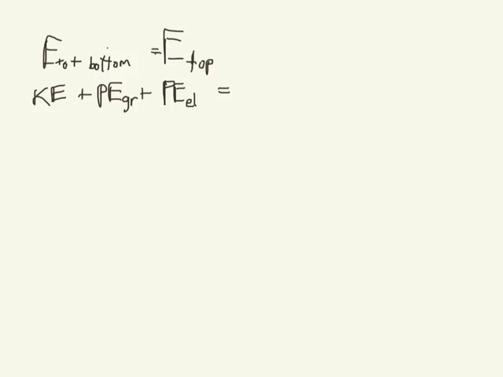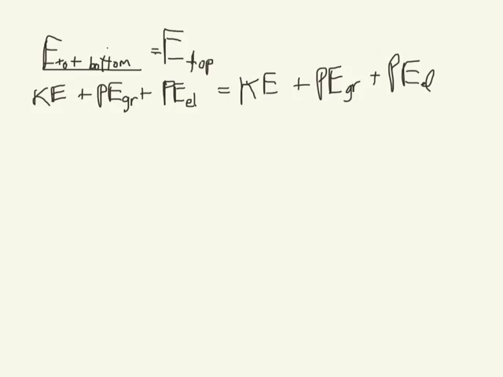So that would be the energy total at the bottom, and then the energy total at the top would be whatever kinetic energy it has at the top left over, plus its gravitational PE at the top, plus its elastic PE at the top. So really this is the equation we should be using, and that'll allow you to solve a harder problem too.